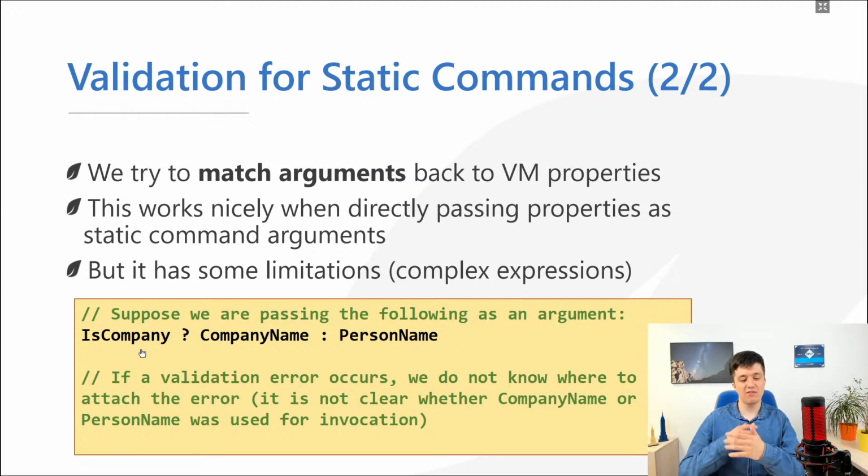We may write a static command that would take a string name property, and we may write there a conditional ternary operator that would, based on some logic, decide whether to pass property A or property B. But this is quite problematic, because when we find out that this argument is in violation of your defined contracts, we would not be able to easily match this to a property, because we are not sure which property was actually used for the invocation.